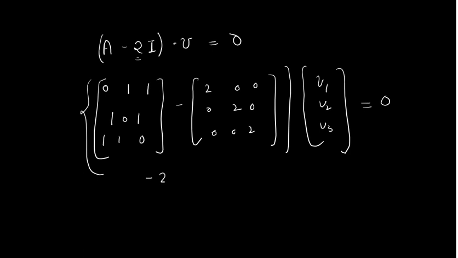So -2v1 plus v2 plus v3 is equal to 0. v1 minus 2v2 plus v3 is equal to 0. v1 plus v2 minus 2v3 is equal to 0.